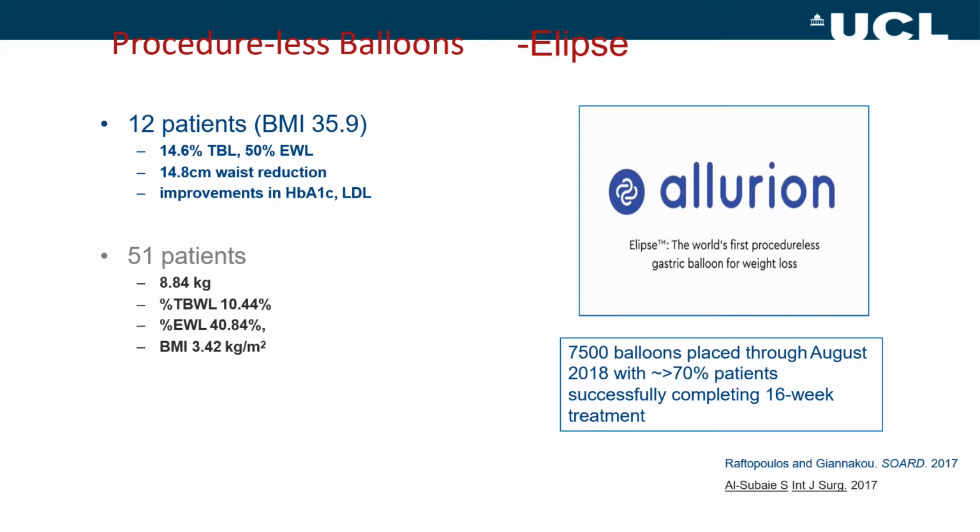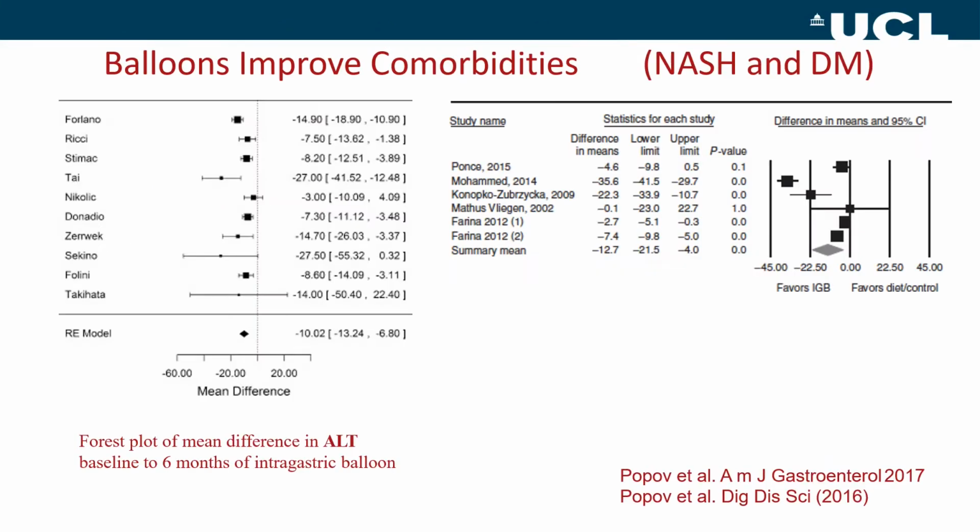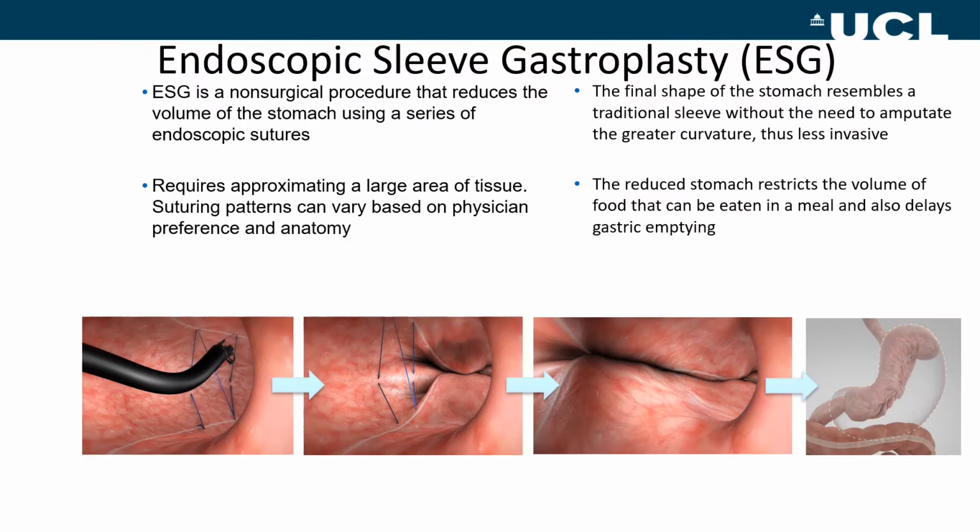And again, these show a total body weight reduction in the region of about 15%. But again, these do not show a durable effect. But there is early data to show that balloons can improve on comorbidities, in particular metabolic diseases such as type 2 diabetes and NASH.